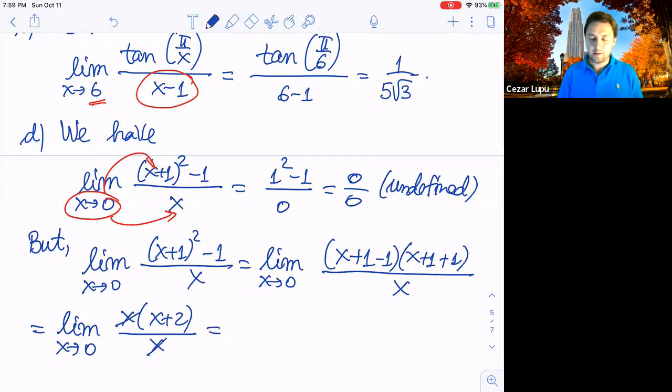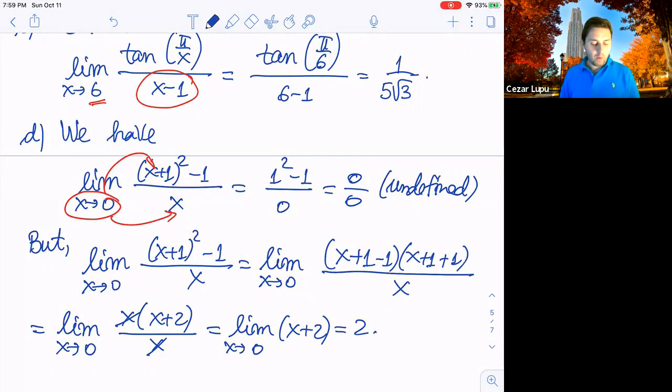And finally, these two go away, and this will be nothing else than just the limit as x approaches 0 of x plus 2. And now we can safely plug in x equals 0, and this will give us 2. And that's it, right?